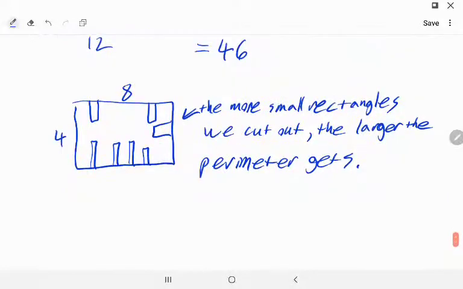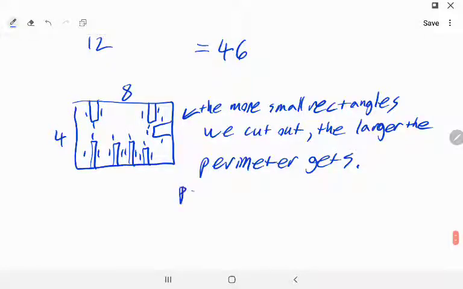We're not going to have any that are quite this messy, but if we imagine that all of these were 1 unit deep and 1 unit across, we notice that it doesn't do anything to that basic 8 units across, 4 units up and down.